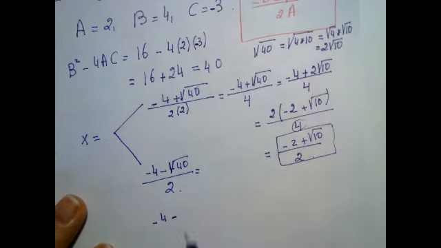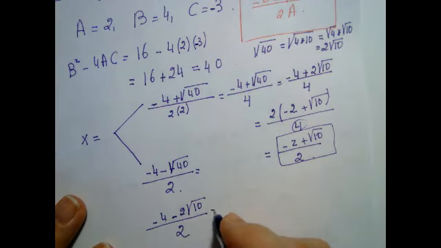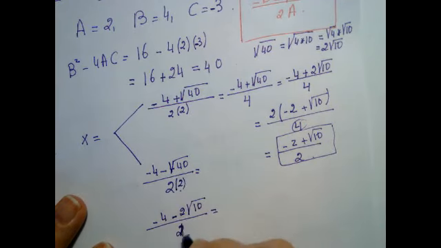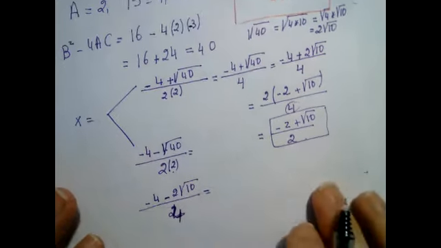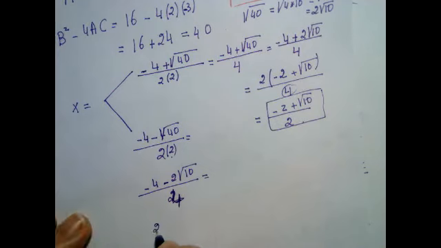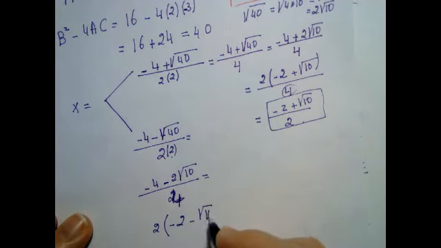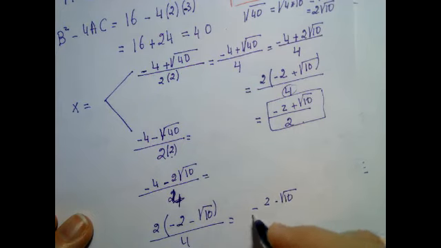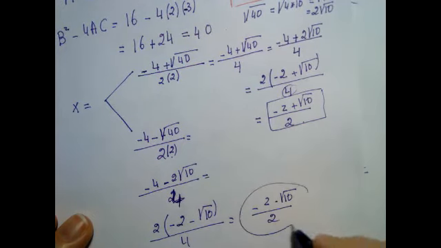This gives me 2 times the square root of 10. And then I will do exactly like I did before. I'm going to factor out a 2, which will leave me with minus 2 minus the square root of 10 over 4, which leaves me with minus 2 minus the square root of 10 divided by 2.